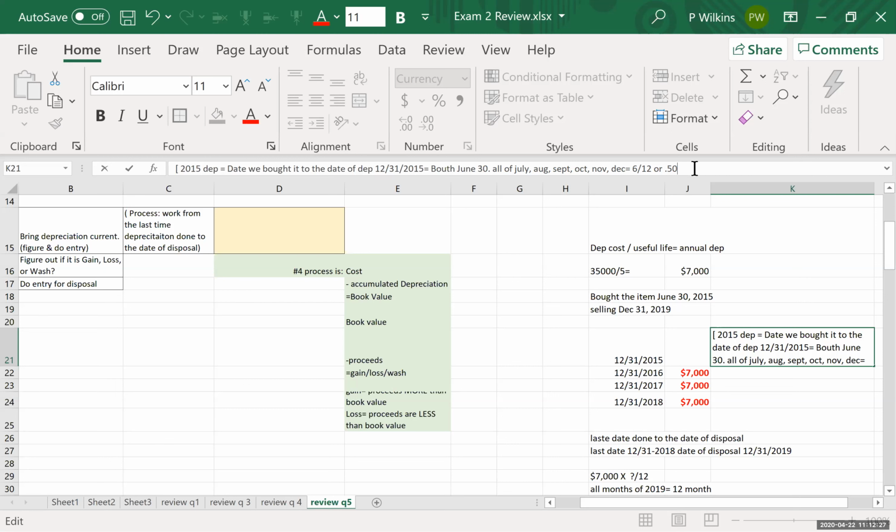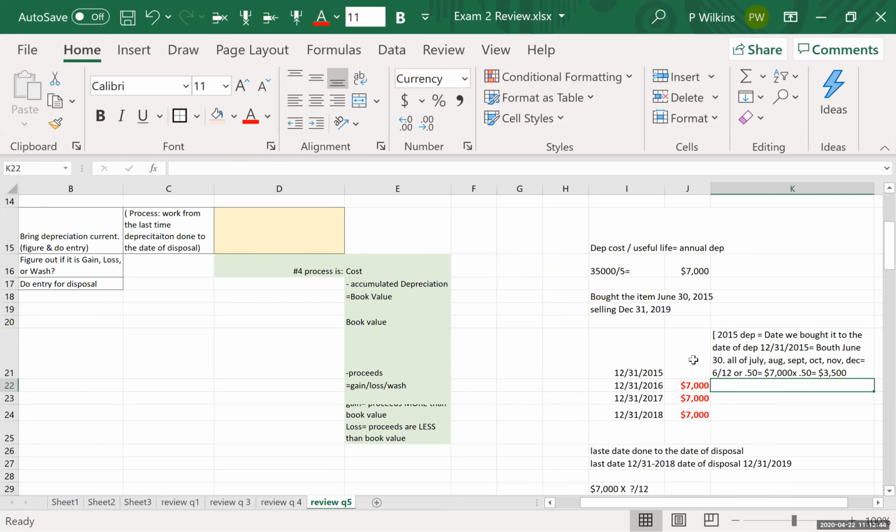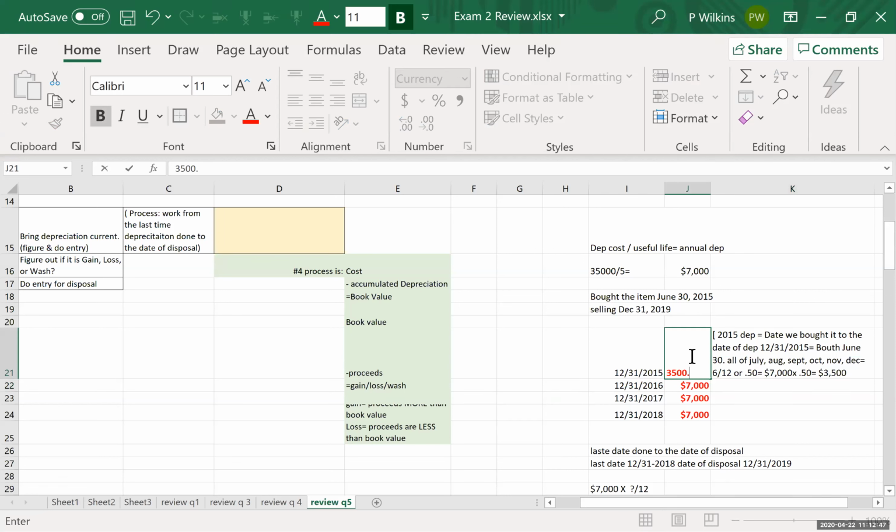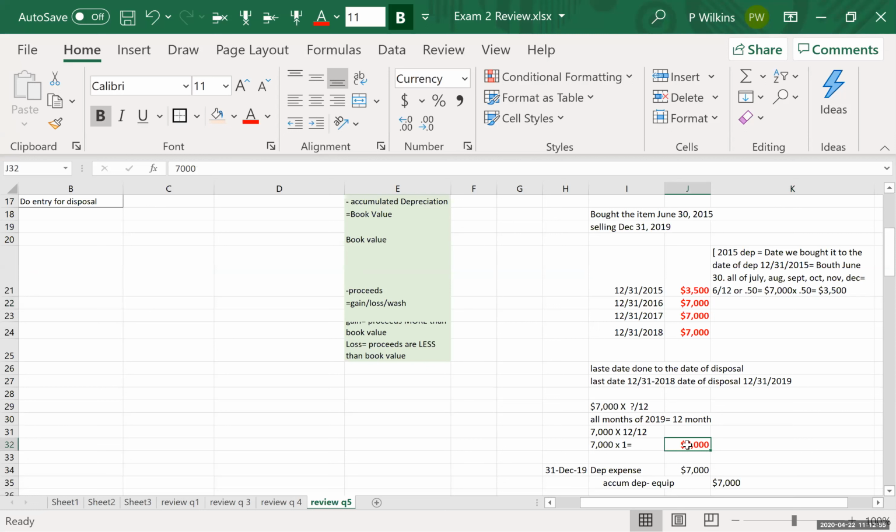So that would be equal to $7,000 times 0.5, which is equal to $3,500. So the first year is $3,500. Okay. So our accumulated depreciation then becomes 7,000 that we just did to bring it current, 7,000 for 2018, 7,000 for 2017, 7,000 for 2016, and 3,500 for 2015.